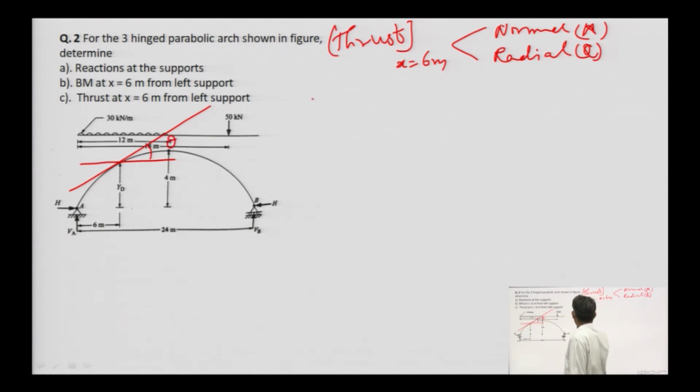Theta is equal to tan inverse of dy by dx, since we have y is equal to 4h by l square x into (l minus x), okay.